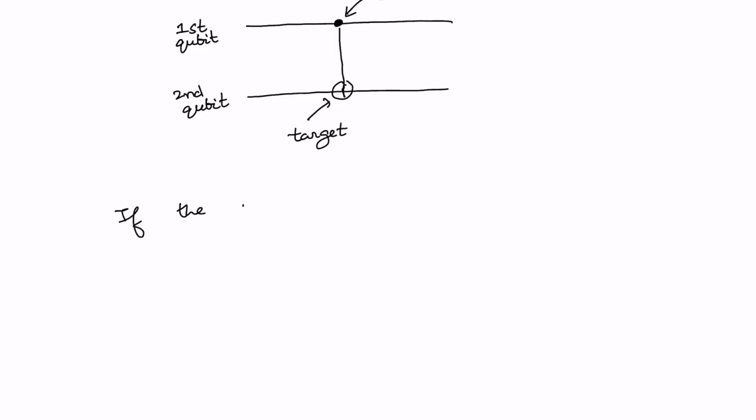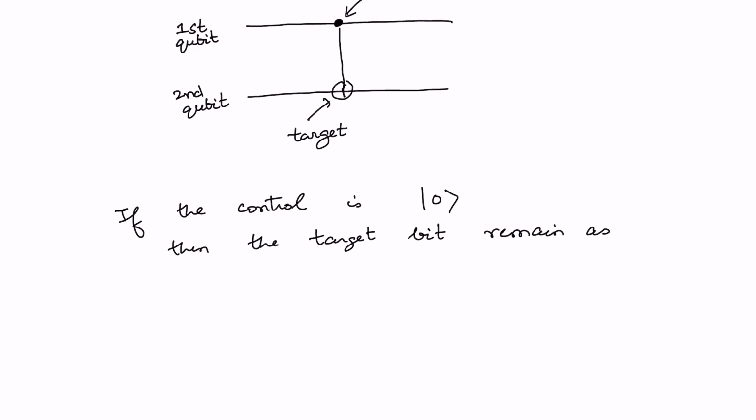If the control qubit is 0, then the target remains as it is. Whatever the target qubit is, it does not change.